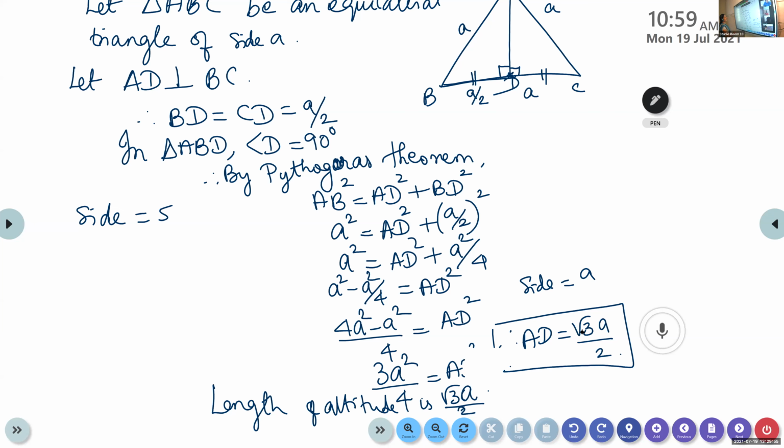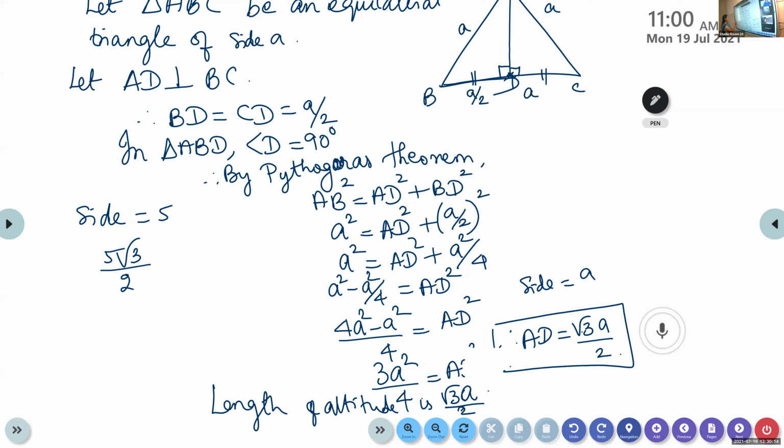If the side is 5, root 3 into 5 by 2, that is 5 root 3 by 2. Instead of A, you put 5.